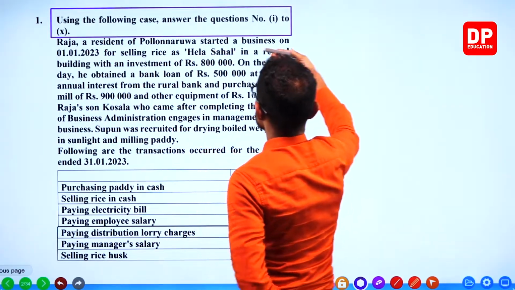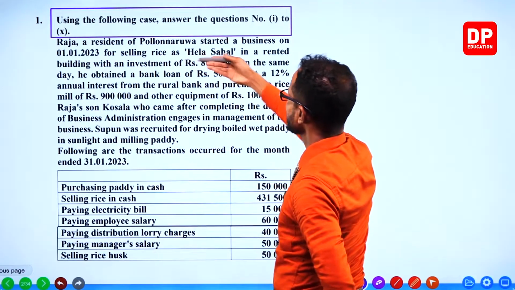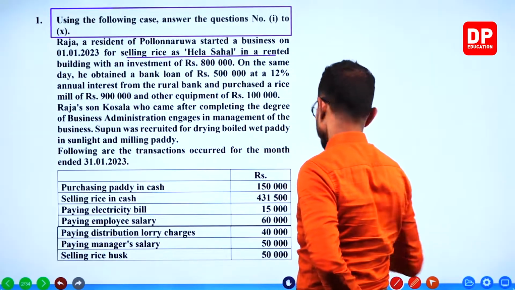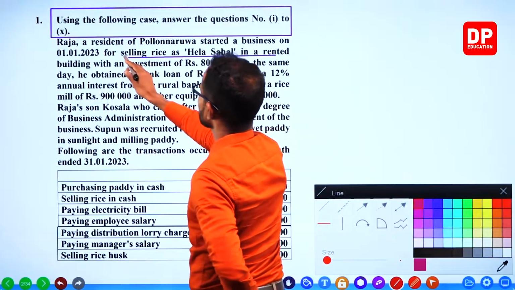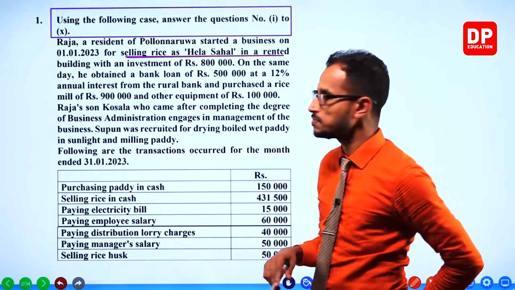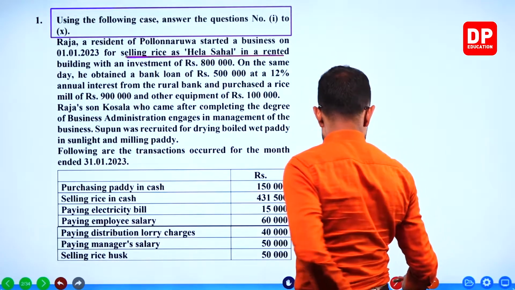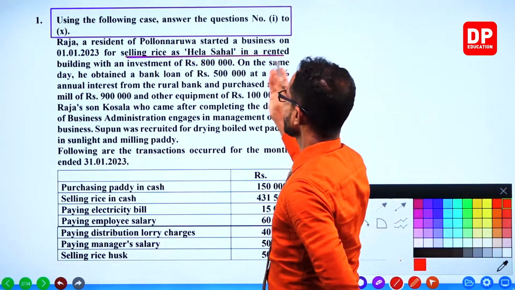Resident of Polonnaruwa started a business on 1st January 2023 for selling rice as Hela Sahal. So this is the business, selling rice, Hela Sahal, in a rented building. Now we are going to the numbers, the amounts, values.